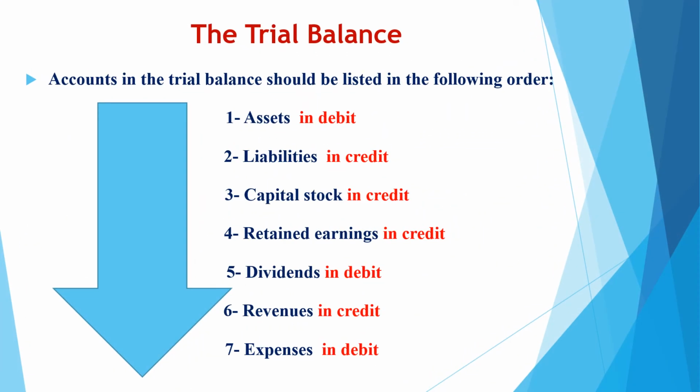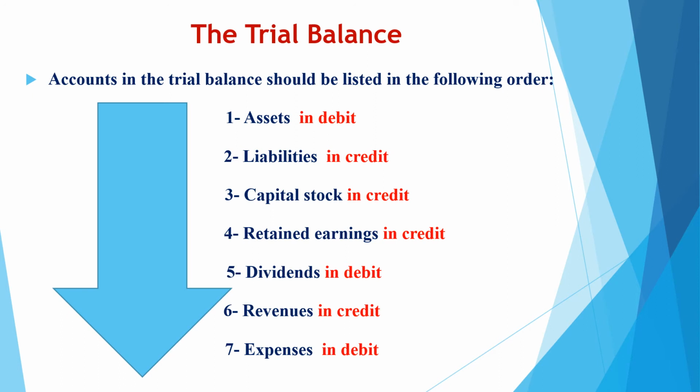How to list the accounts in the trial balance, and what is the order of the accounts? We have to start with assets, then liabilities, capital stock, retained earnings, dividends, revenues, and finally expenses.